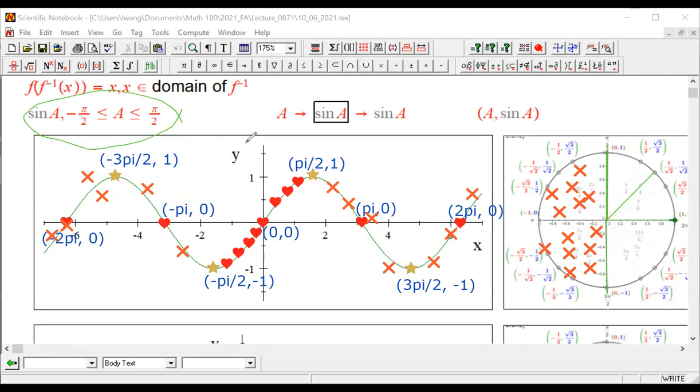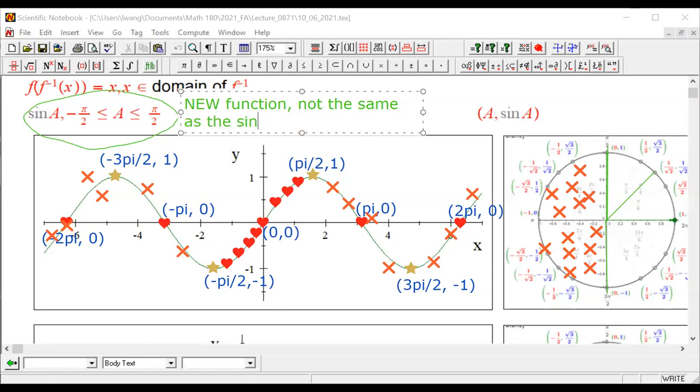Can you write it down for yourself? This function is a new function, not the same as the sine function we knew.